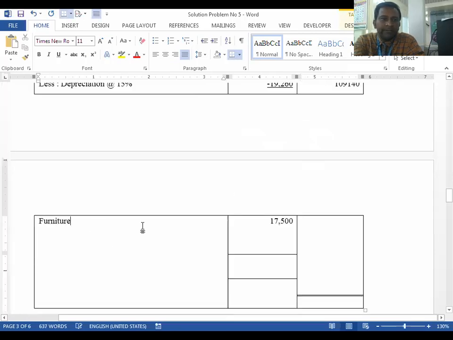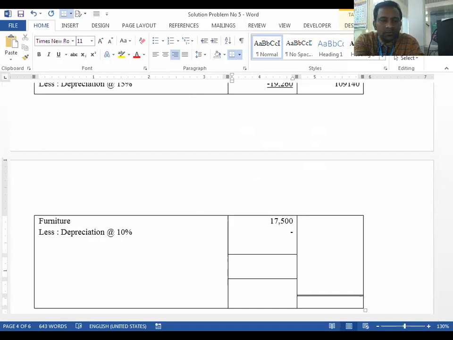Similarly, depreciation on furniture, less depreciation at 10%. 10% of 17,500 is 1,750.